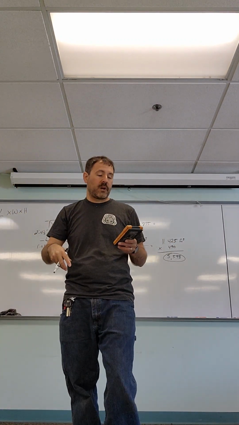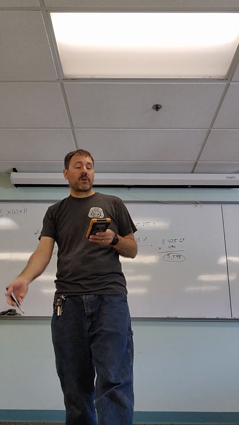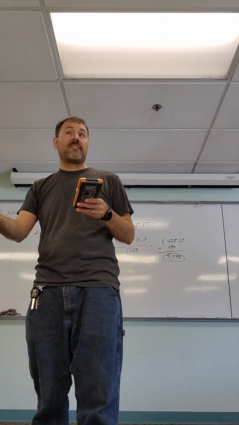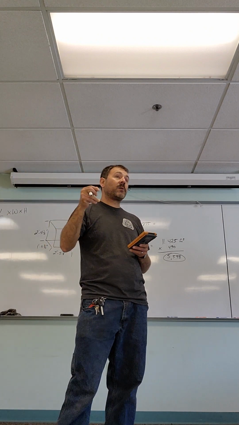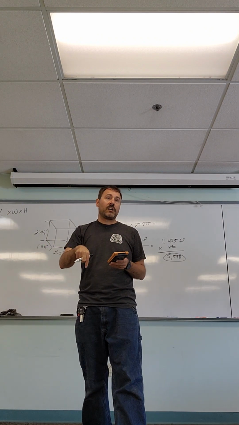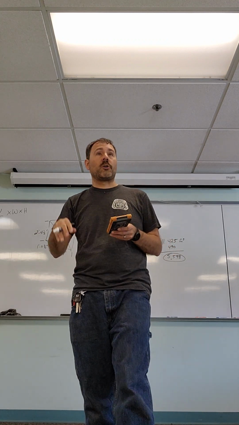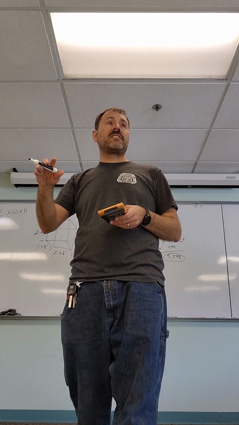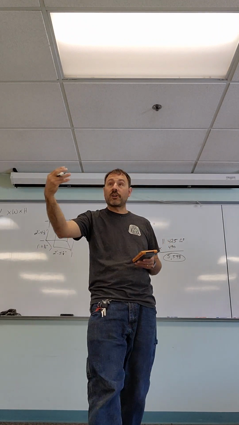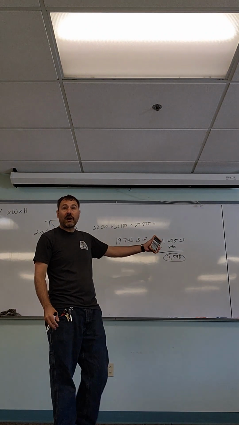So if we come up with 5598.55, then we would have rounded that up to 5599. But since our number is 4 or lower after the decimal point, that's going to make our number stay the same. So if it's 4 or less, it's going to stay the same. 5 or more, you're going to round up. Everybody good with how I figured this out?